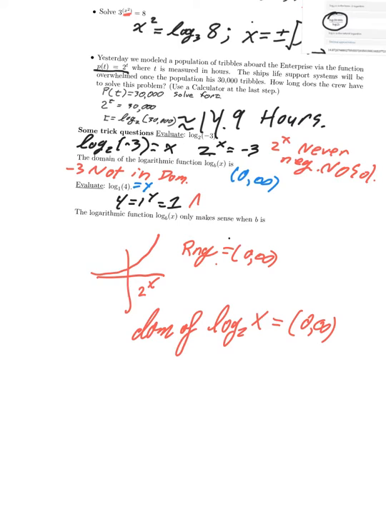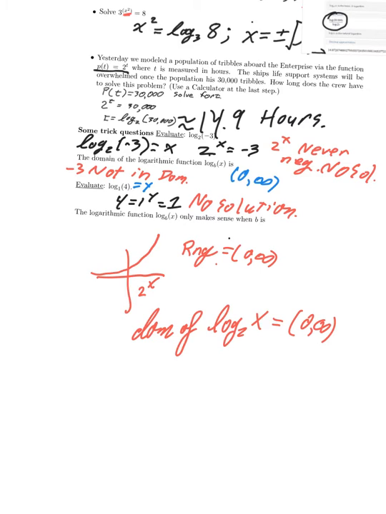But 4 is not equal to 1. This has no solution. So that means log base 1 of 4 does not exist. In fact, log base 1 of anything does not exist except for 1. But then you're solving 1 to the y is equal to 1, and that has everything as a solution, so log base 1 of 1 is everything.